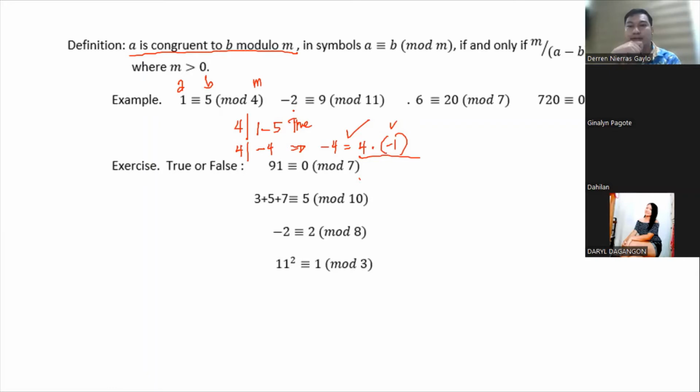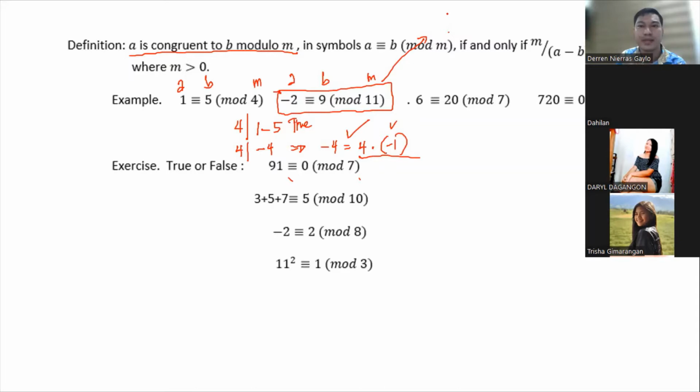That idea is also correct with the second one, so let's go back to our given. This is A, B, and this is M. So 11 must divide A minus B. Our A is negative 2 minus 9. So we have 11 divides negative 11.